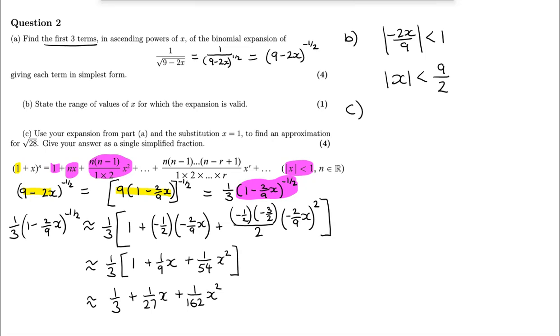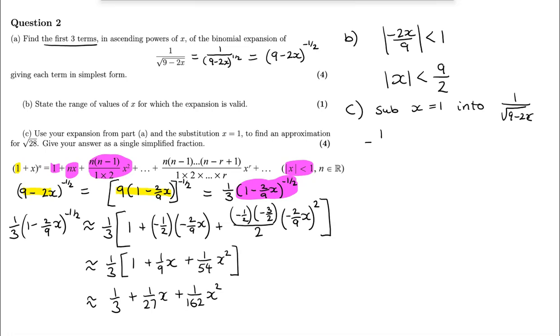Now in part C, we're asked to use our expansion from part A and the substitution x equals 1 to get an approximation for the square root of 28. Okay, so this is going to require a little bit more thought. So the first thing I'm going to do is just sub x equals 1 into 1 over the square root of 9 minus 2x.